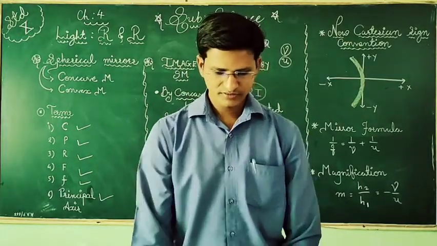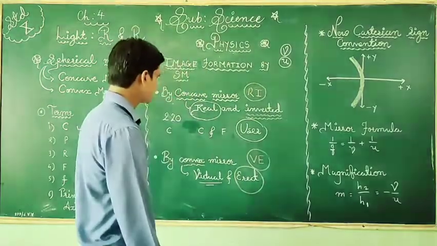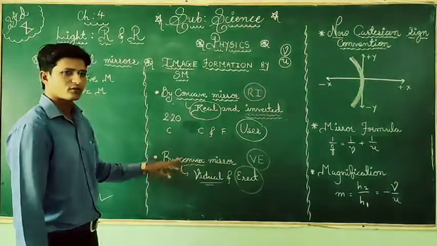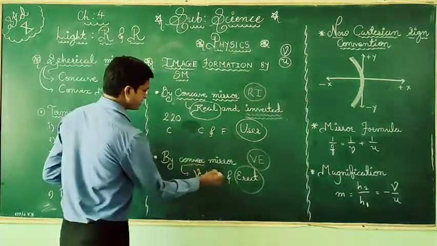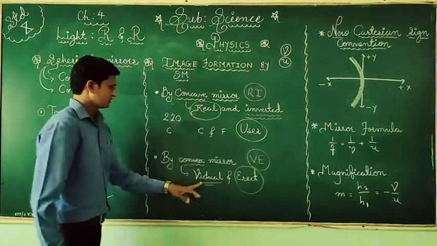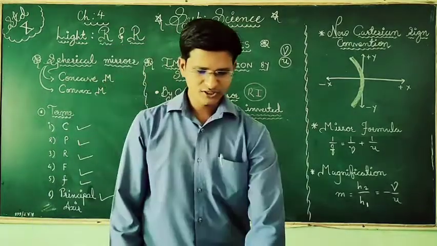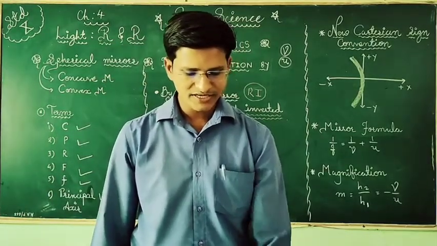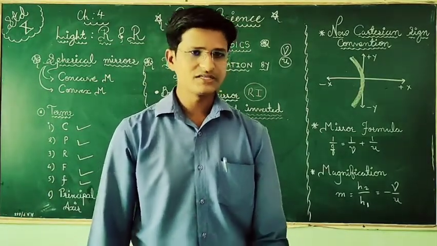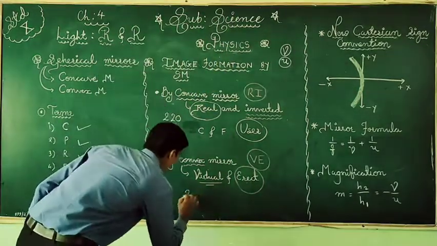Now, in the image formation by the convex mirror, one thing must be clear: it is virtual and erect. Here two positions will be there. First position, when the object is placed at infinity. You can see page number 222.